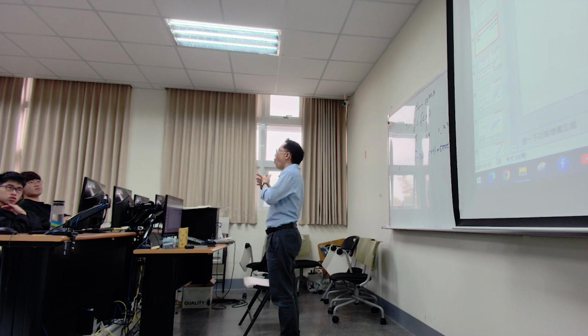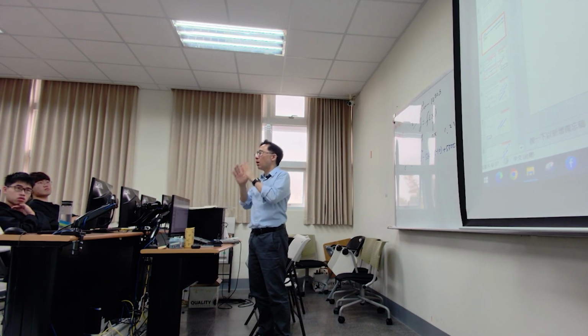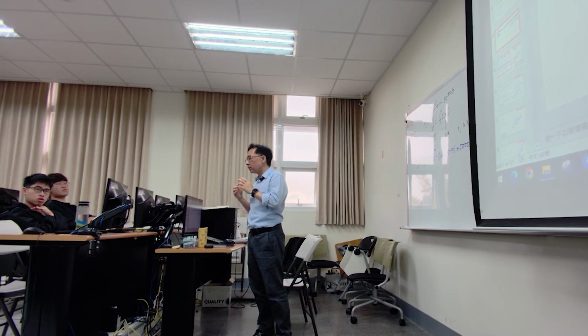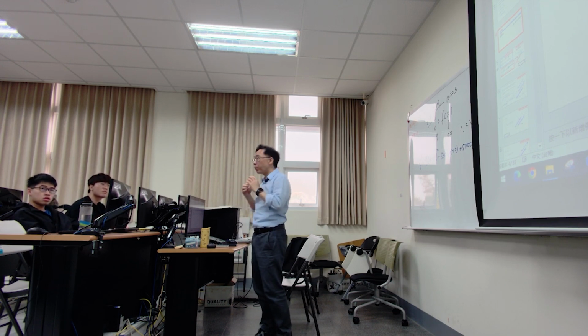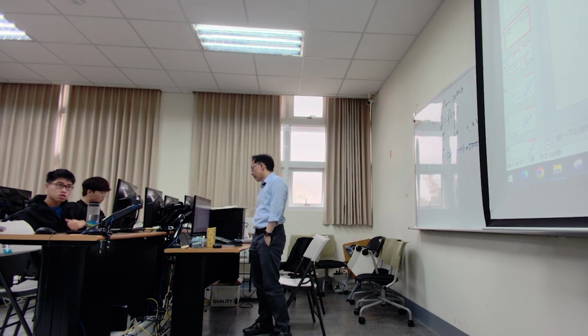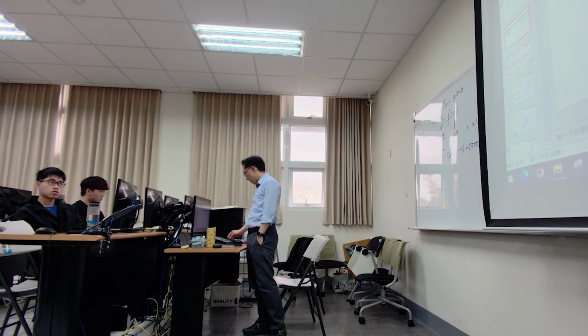So O1, low O1, that's O, not 0, represents the origin for frame 1. O0 represents the origin for frame 0. But they refer back to each other. They have this relationship.